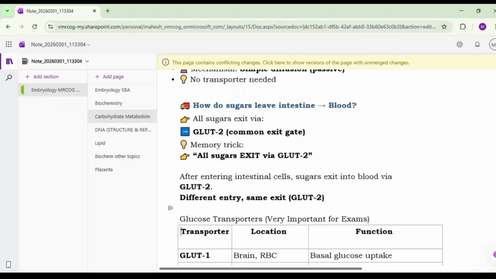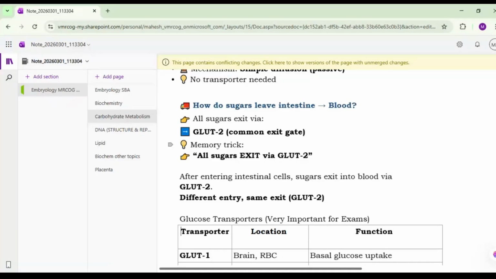Now, from the intestine, how will these sugars go into the blood? What we have seen is that from the lumen, it goes into the intestinal enterocytes. Now, from there, how will it go into the blood? So, all sugars will exit via GLUT2. So, there is a common exit gate. For entry, there were different gates for glucose, galactose, fructose, etc. But for exit, there is only one gate, that is GLUT2.